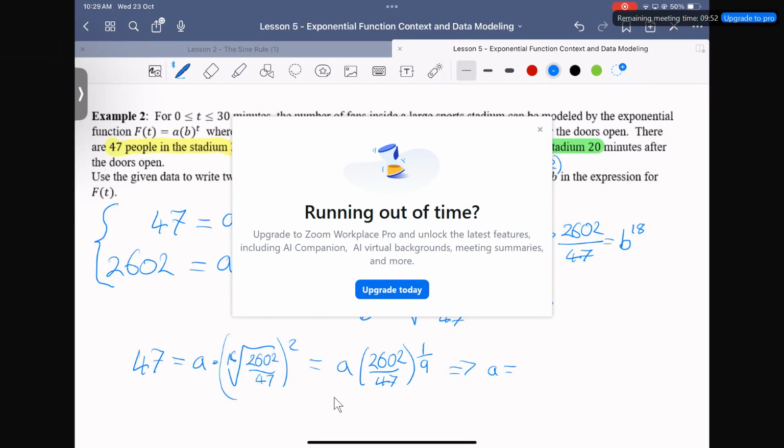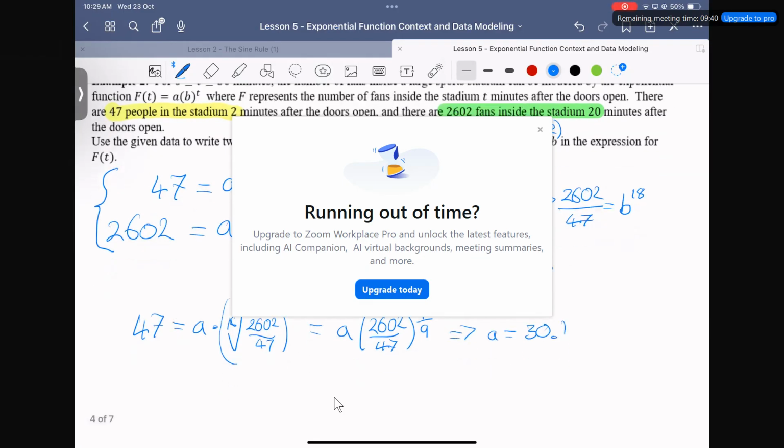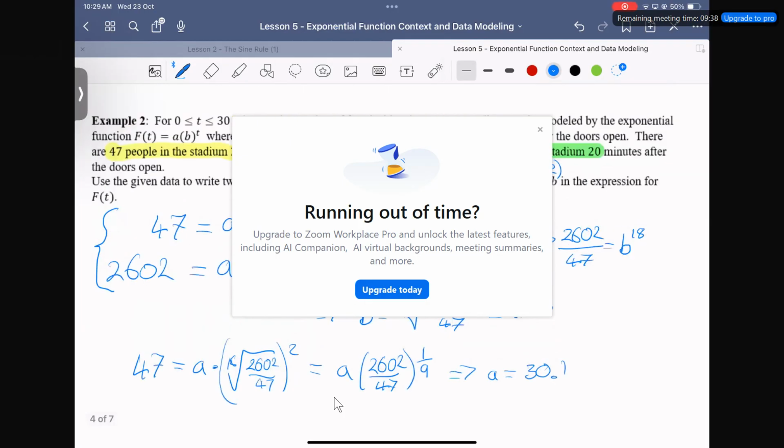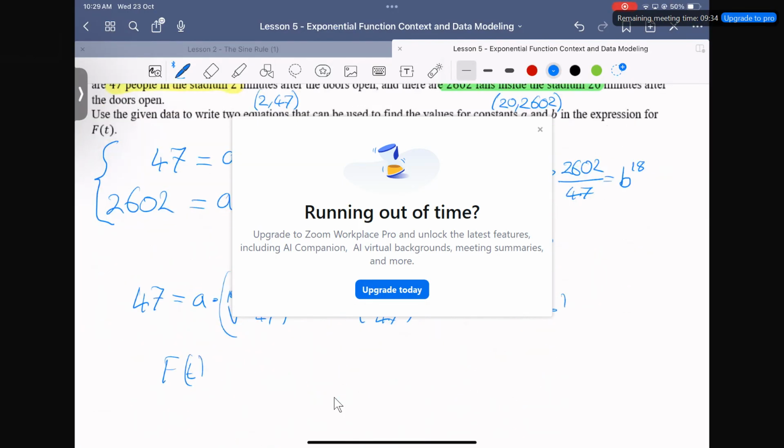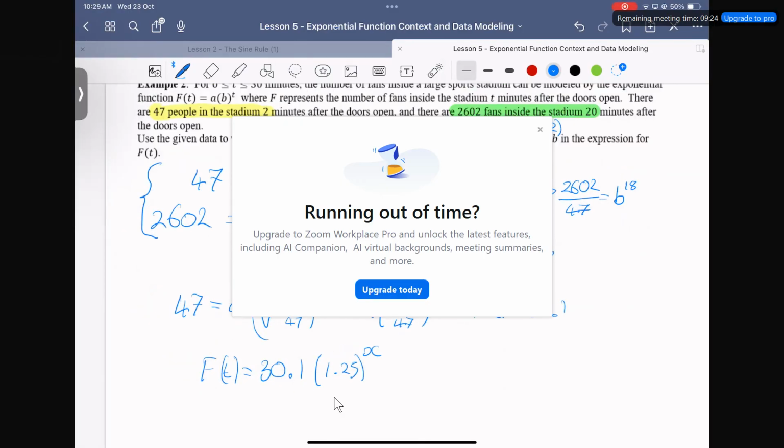Do we get 30.1? Yeah? So our function f of t, roughly 30.1 times 1.25 to the x. All right, let's try the next one.